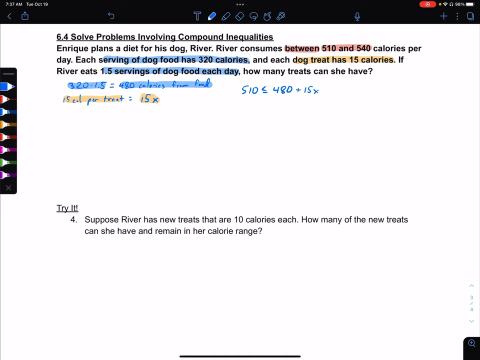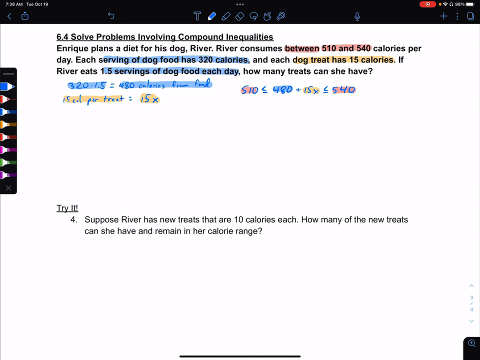And then at most there's going to be 540 calories. So the max would be 540. The 480 is the calories from food, the 15x is the calories from treats, and the 510 and the 540 are our minimum and maximum allowed calories.